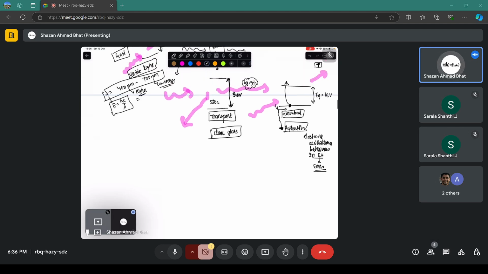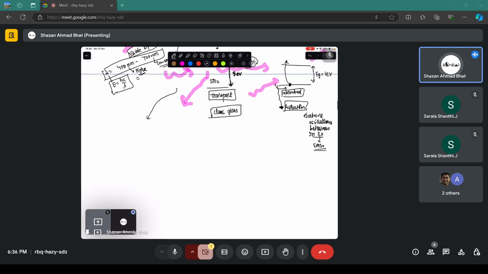Now what basically causes these transitions, and why do certain materials have better transmission, reflection or absorption quality than others? What does it depend on? It depends on two things: whether a material is a direct band gap semiconductor, or whether it's an indirect band gap semiconductor.